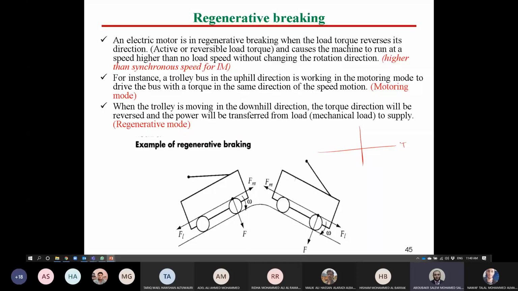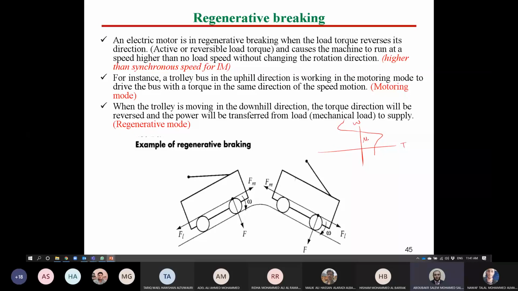So torque will be on the horizontal axis and speed on the vertical axis. So for an induction motor, the characteristic will be like that. Okay, this is the machine characteristic.